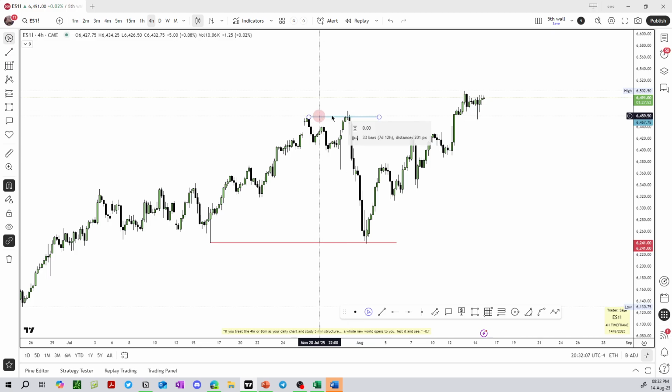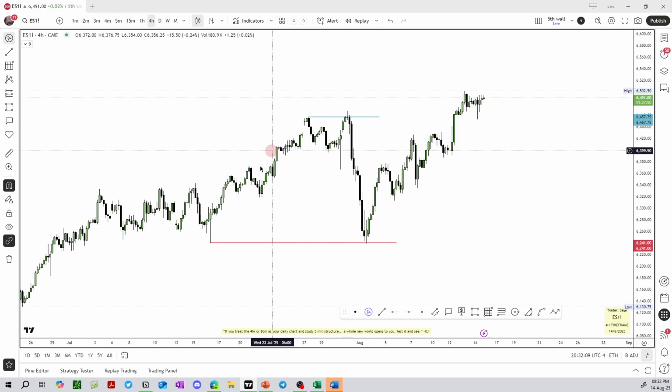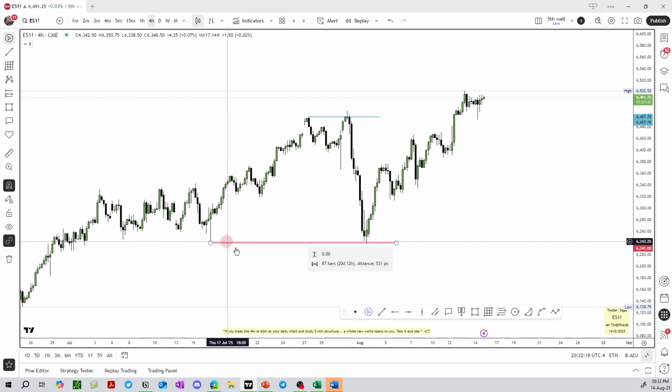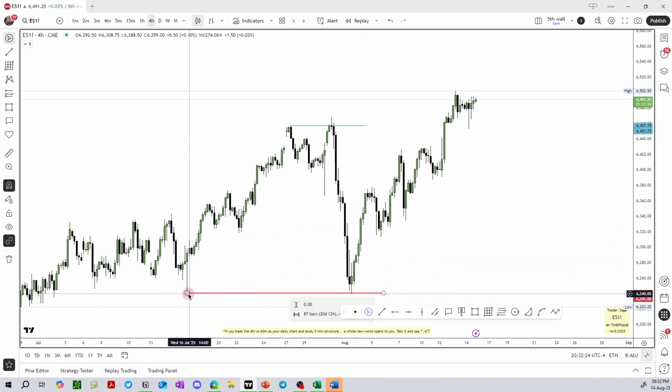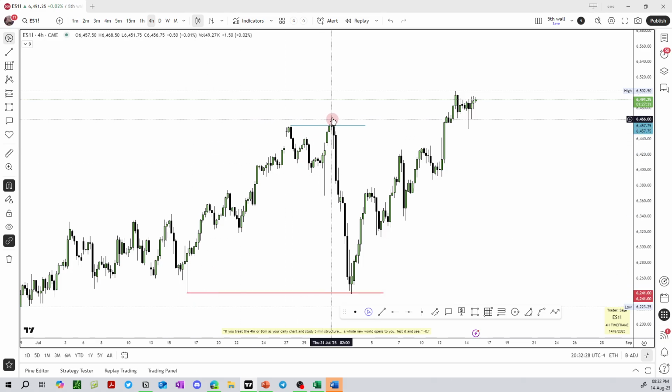So we got technically a run on stops. That's external range liquidity, so external to external. You can do that too. Very often, including myself, I do internal range to external range, and vice versa. But like ICT said, you can do swing low to swing high, or swing high to swing low.